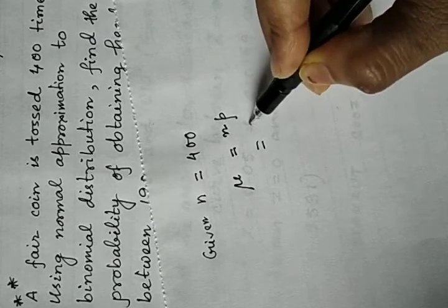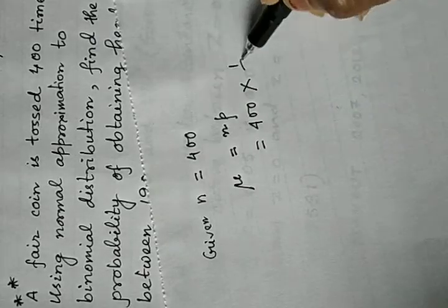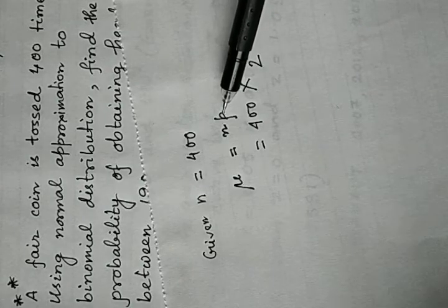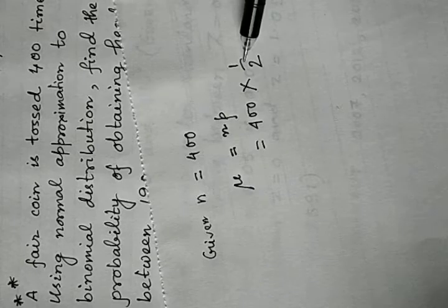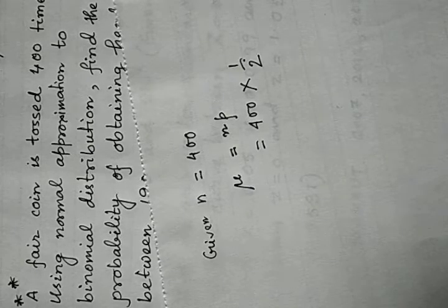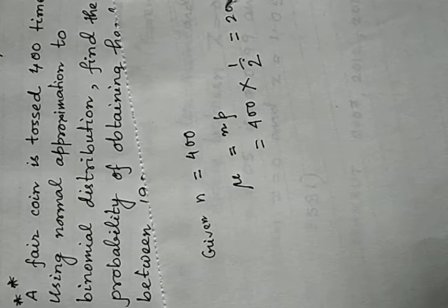So n equals 400 and p is half. Why? Because to get a head, the probability is half for a fair coin. So this is 200, and the mean is 200.